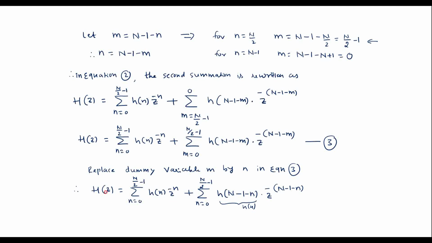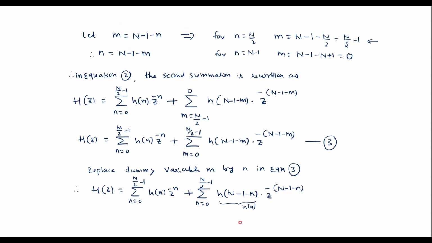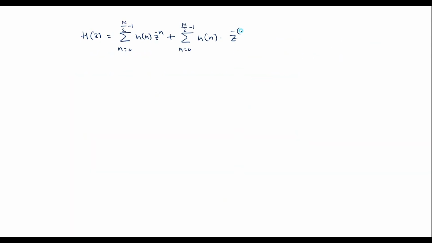So therefore I will rewrite this H of z as H of z is equal to summation n is equal to 0 to N by 2 minus 1 h of n z power minus n plus summation n is equal to 0 to N by 2 minus 1 h of n z power N minus 1 minus n.